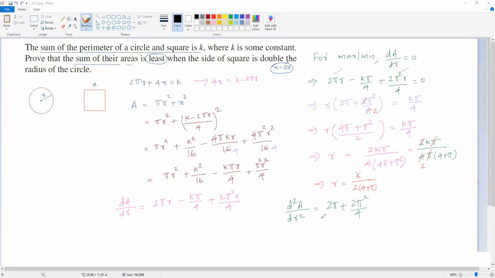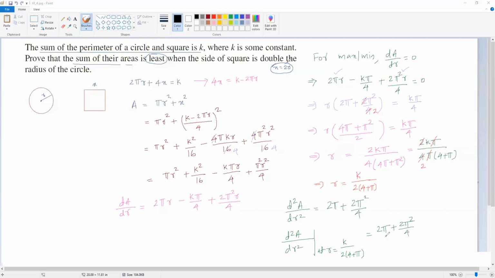You can see that this is a term independent of r. There is no r in that. So कोई भी value उधर substitute करो, r के लिए कोई फर्क नहीं पड़ेगा. So therefore d square A by dr square at r is equal to k divided by 2 into 4 plus pi, r के लिए कोई substitute करने के लिए उधर कुछ नहीं, simply 2 pi plus 2 pi square divided by 4.